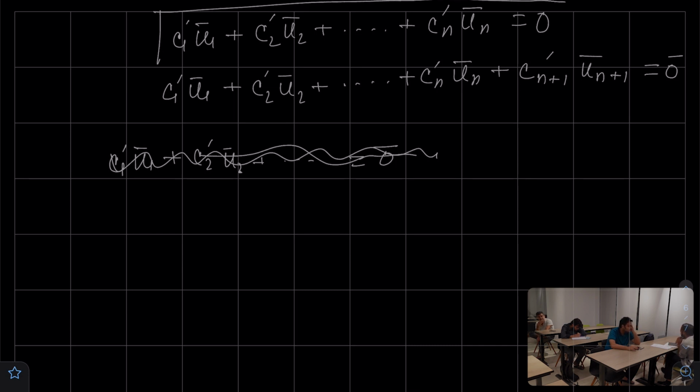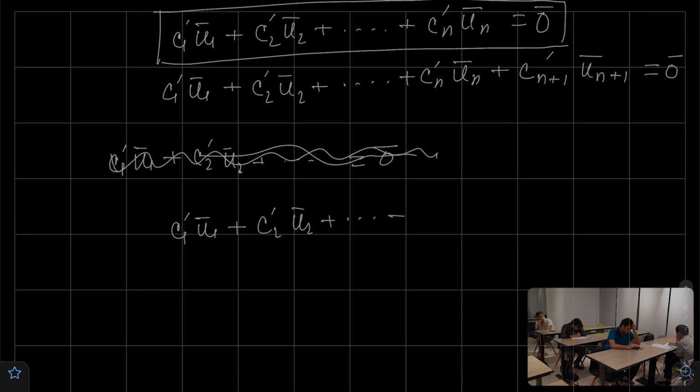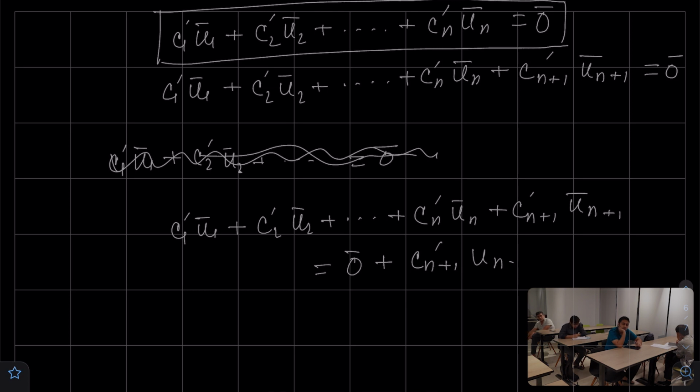Then this is actually true, because if I set this to be zero vector, this is true. Then if I add both sides by c1 prime u1 plus c2 prime u2 vector plus cn prime un plus cn plus 1 prime un vector is equals to 0 vector plus cn plus 1 prime.